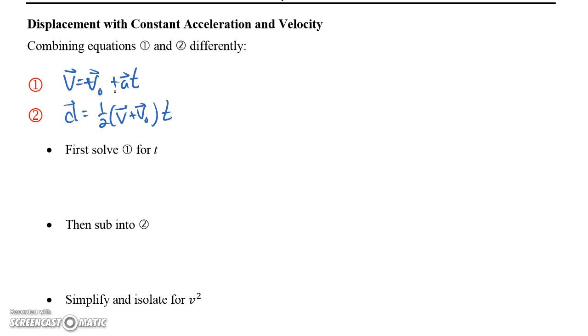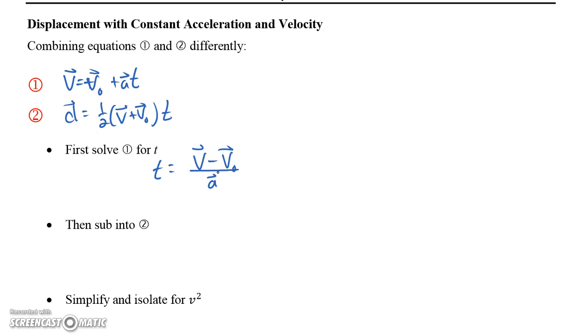Now we're just going to solve something a little bit differently. We're going to solve equation 1 for t. When we do that, we get t equals (v minus v naught) all over a.